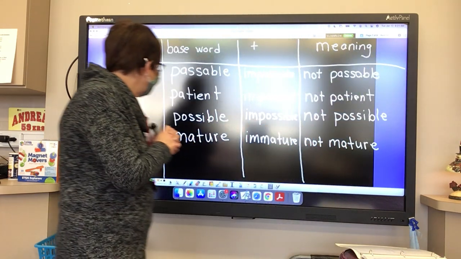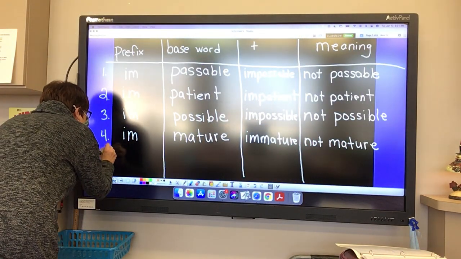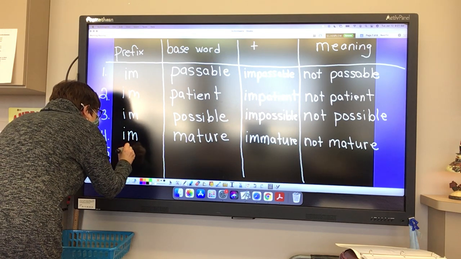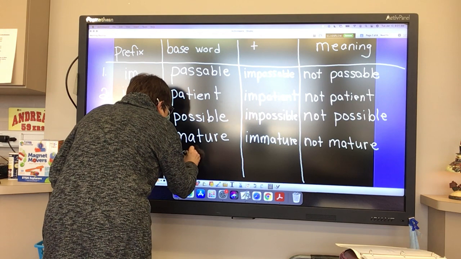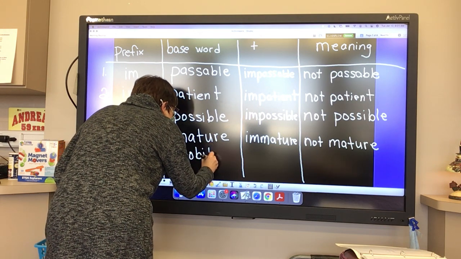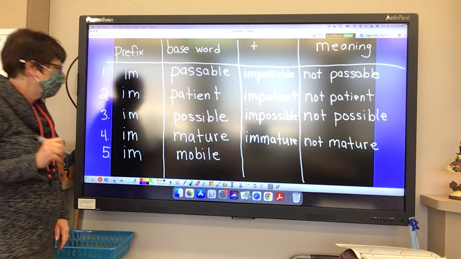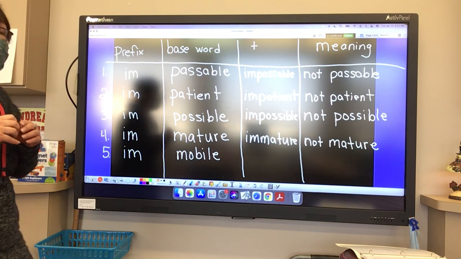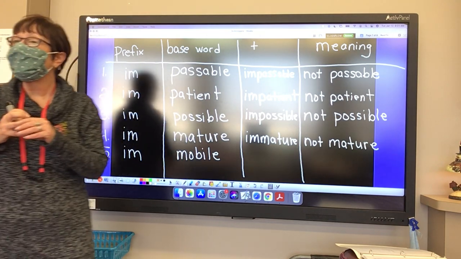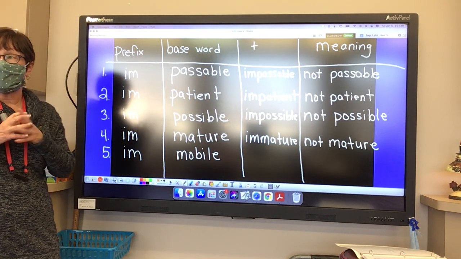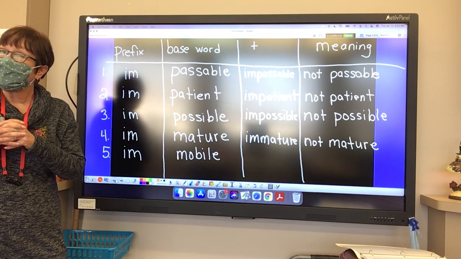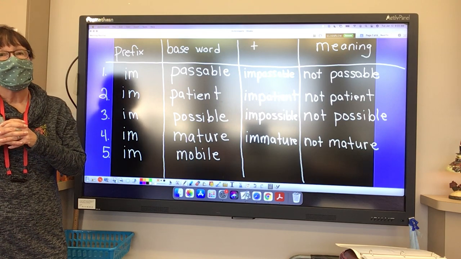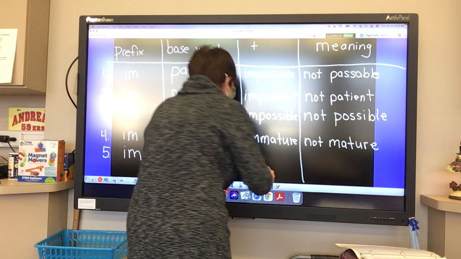Now, our next word. We have im, and then we have the word mobile. Can anybody tell me what would be our new word? Mikey? Immobile.